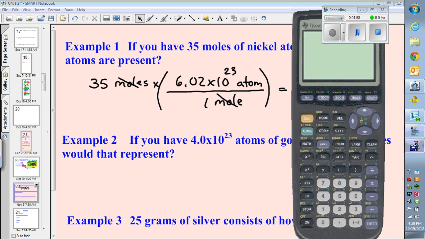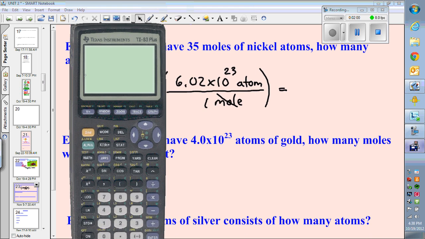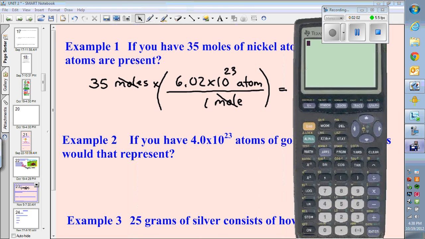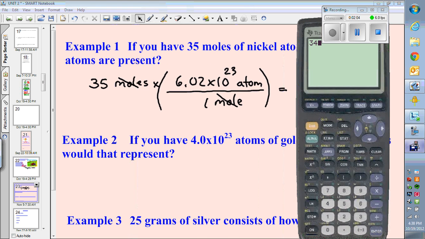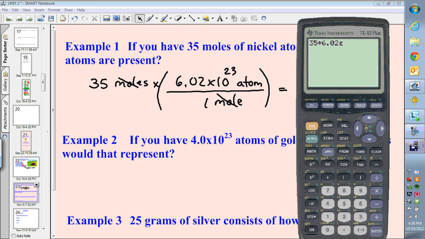So we'll bring up the calculator and type that in. So we want to take 35 moles times 6.02 times 10 to the exponent, 23. So don't hit the multiply 10 to the x button on your calculator.